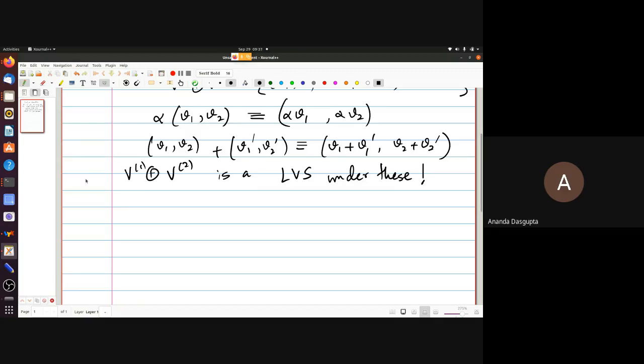I'm not going to prove that for you, but if you have not done this before, you should definitely take some time out and work this out, that it obeys all the 8 conditions that a linear vector space needs to obey. Now, the reason why we are interested in direct sum vector spaces is that they provide us an easy way of finding out bigger representations from smaller ones.